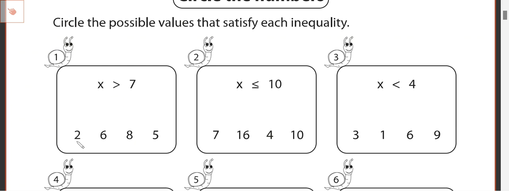So that would be, is it this one? No. Is it this one? And now this one. Yes. And that one.